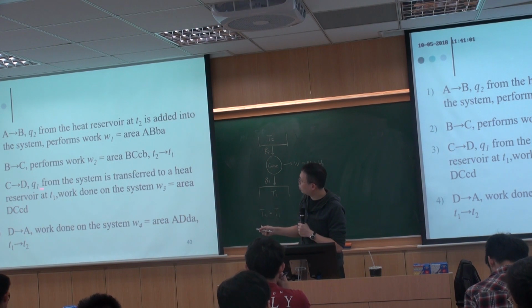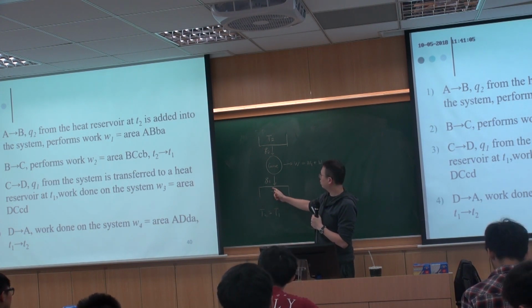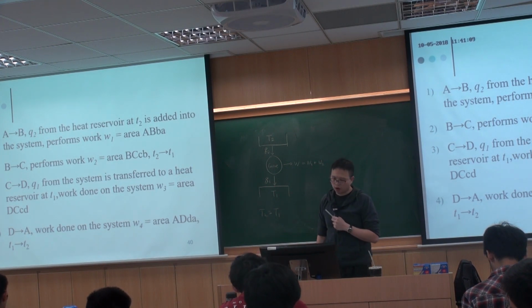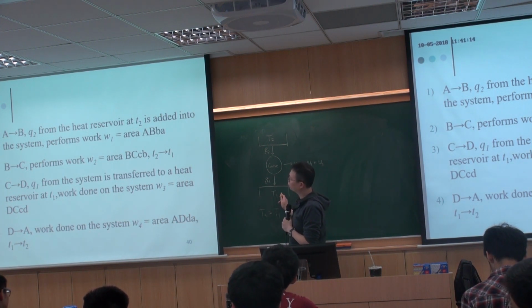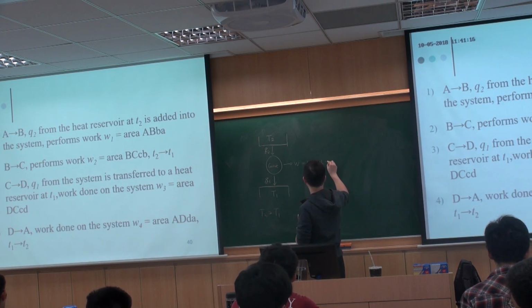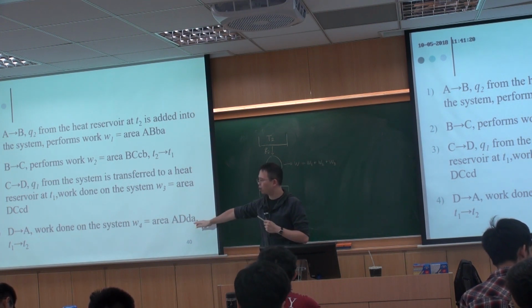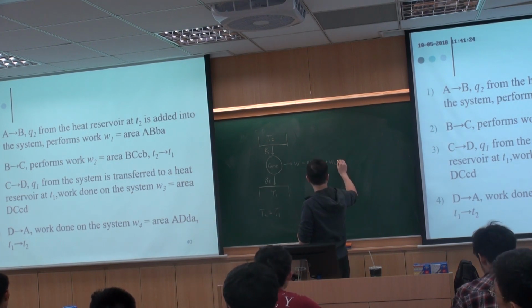And then from C to D, you dump the heat into the other reservoir at temperature T1. So that's this process. And you also have to do some work. And then later you have the compression. So this is compression, this is also compression.